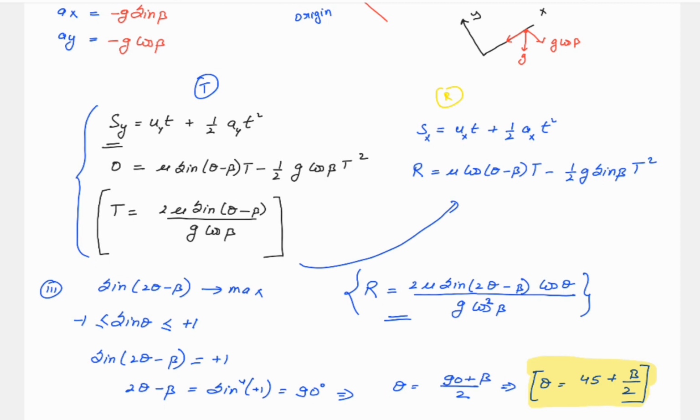You need to remember this formula. Till now we have discussed projectile up an inclined plane. Now we are going to discuss the case of projectile down an inclined plane. Similar to the first one, don't worry, it's very easy.